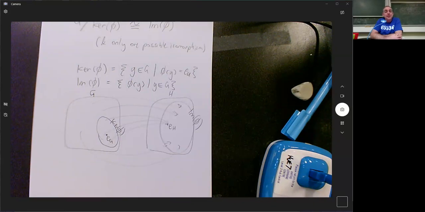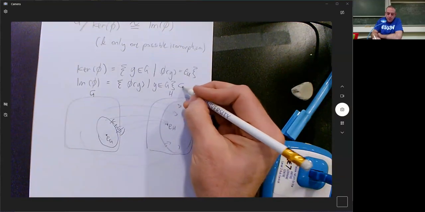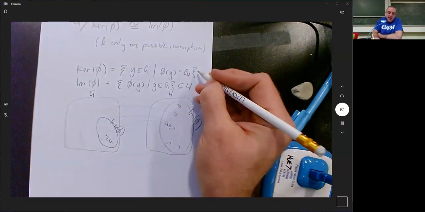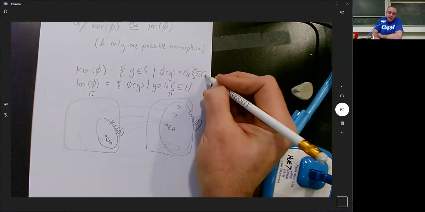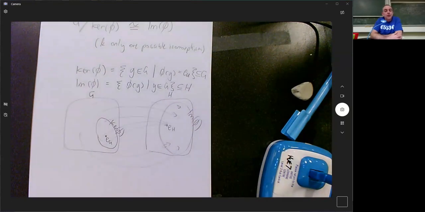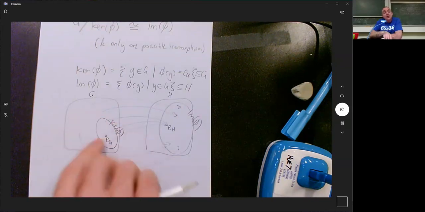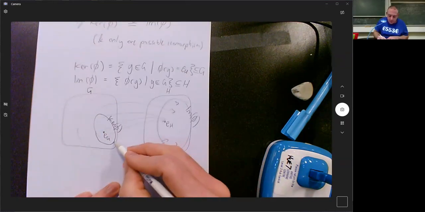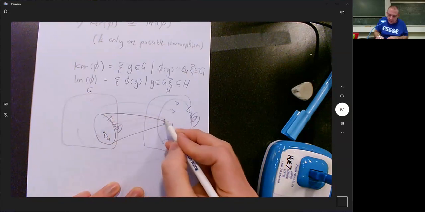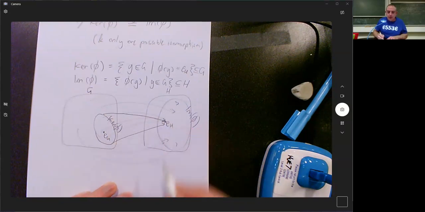So the important thing about the image is it's part of H. And an important thing about the kernel is it's part of G. So the kernel lives in G. It's ones that started here and they all end up, the entire kernel ends up here at the identity of H. And the image lives in H. It's all of the answers for my function.